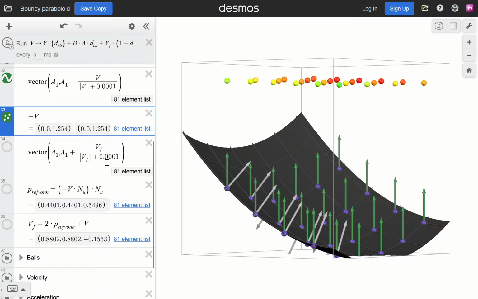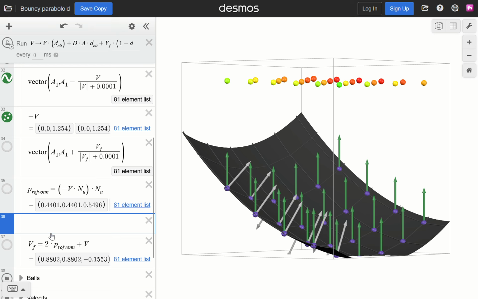The way I've gone about finding this new direction is using the projection vector. So I can project the green vector onto the white vector. That's going to give me the component of the white vector that's parallel to the green one.